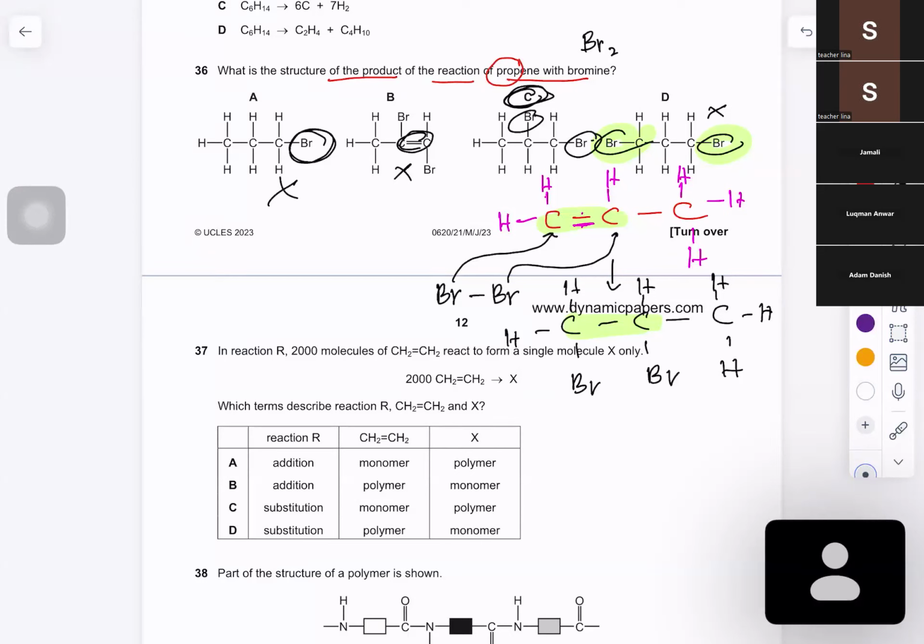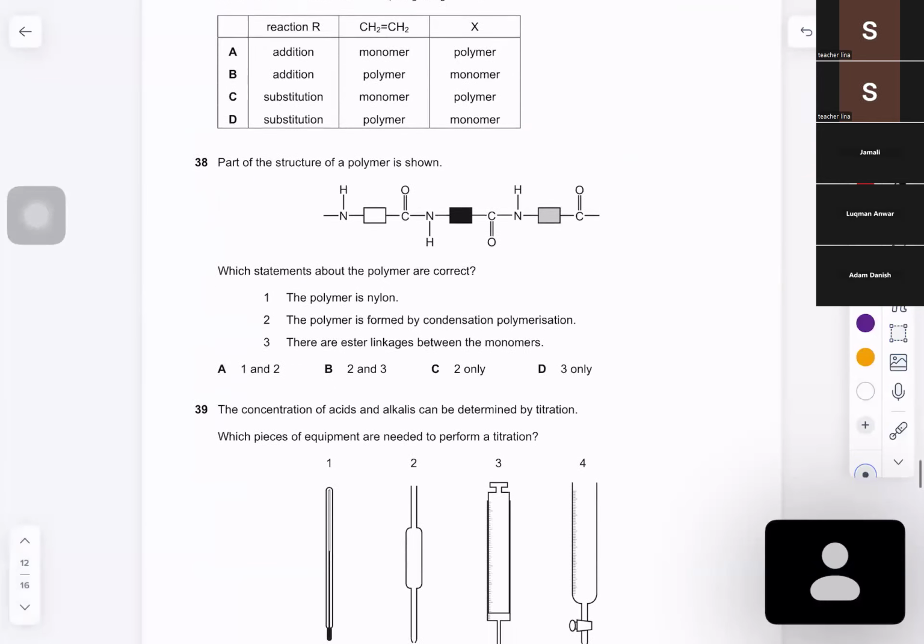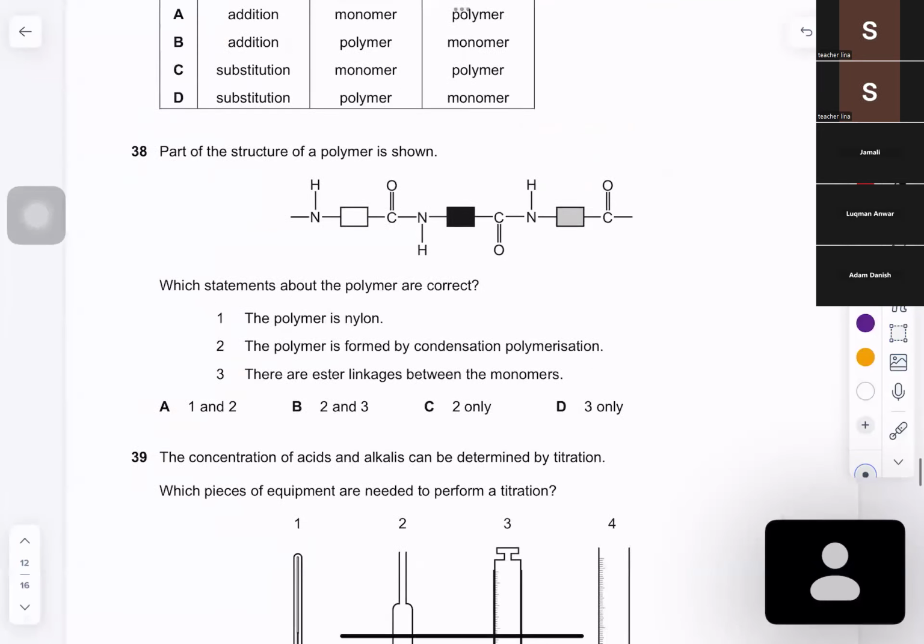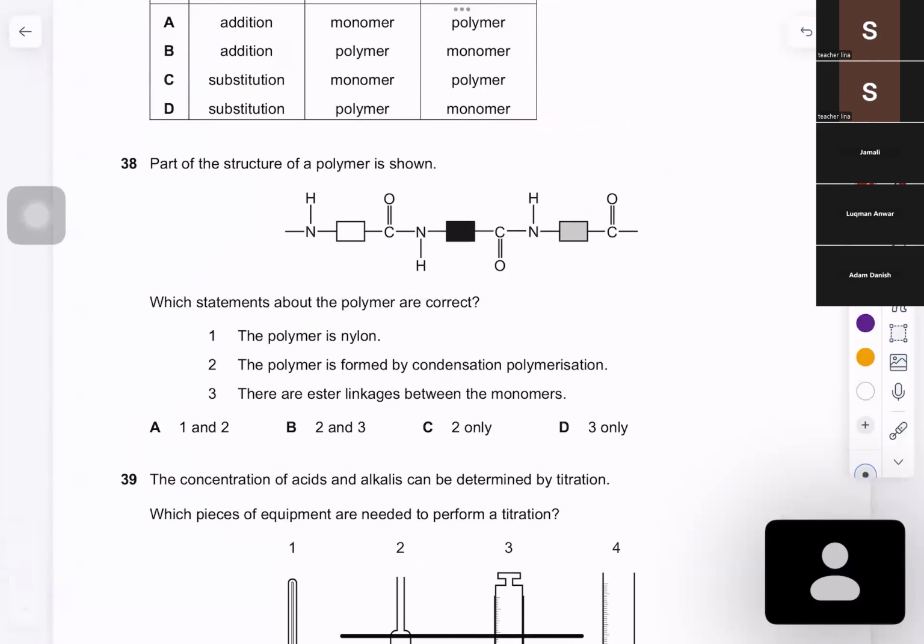Okay. Next. Now, 38. So, 38, which statement about the polymer is correct? Okay, so about the polymer are correct here. Okay, polymer is a nylon and polymer is formed by the condensation polymerization. So, there is the linkage of the monomer.